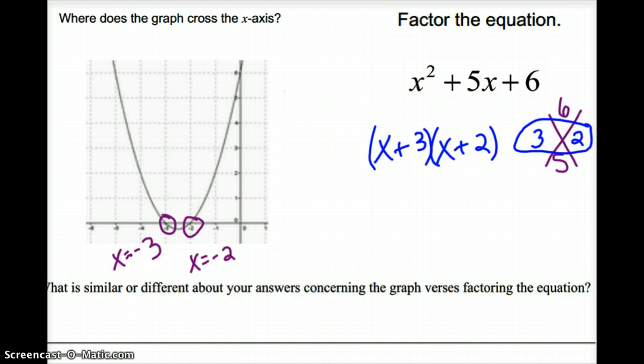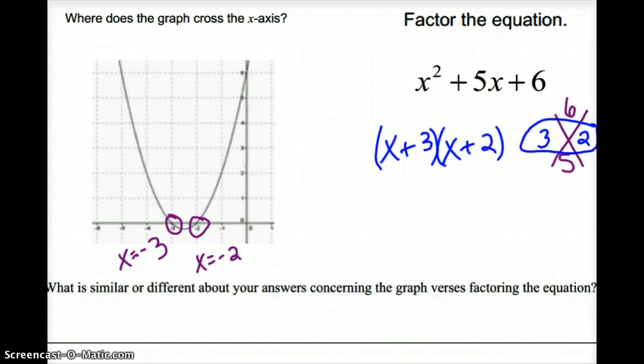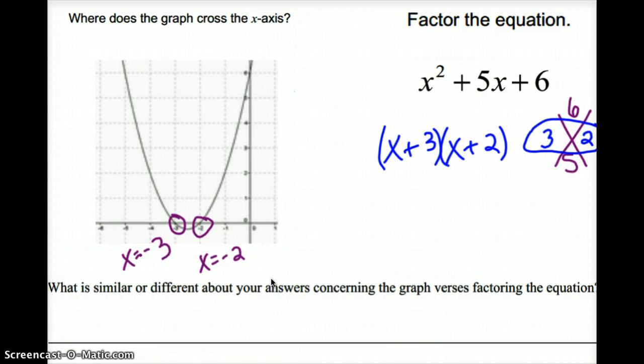Now down here at the bottom of the screen, it looks like we're not catching all of that. There we go. What is similar or different about your answers considering the graph, so these two x equals values, versus our factoring? Hopefully you notice that here we got -3, but in our group we had a +3.